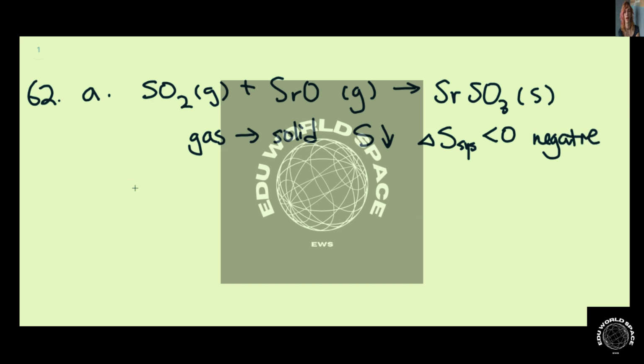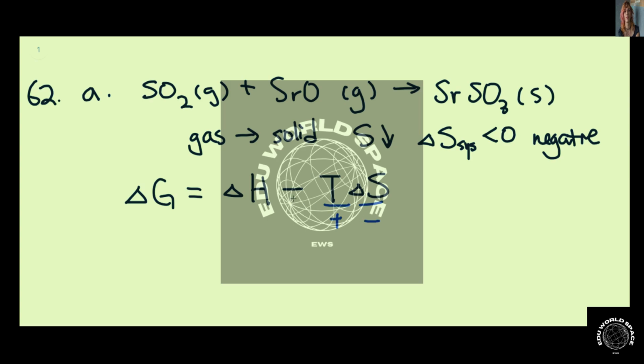And then we know that delta G equal to delta H minus T delta S. So if delta S is a negative number, T is always a positive number.